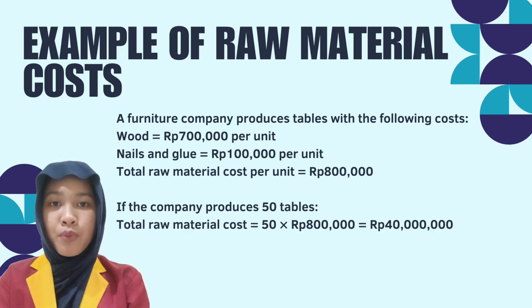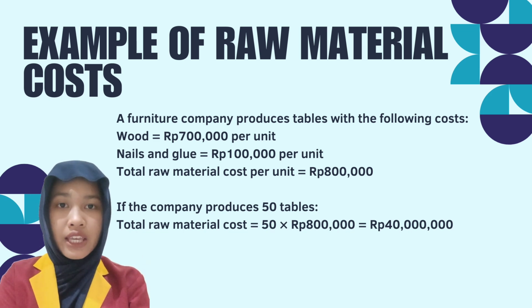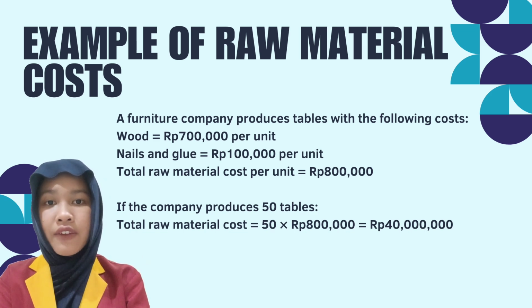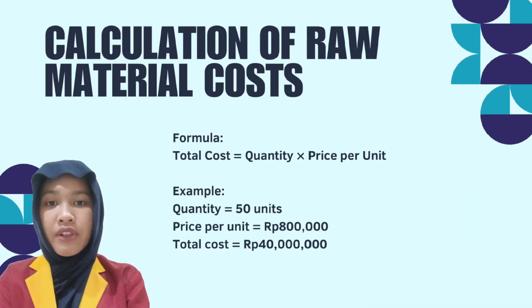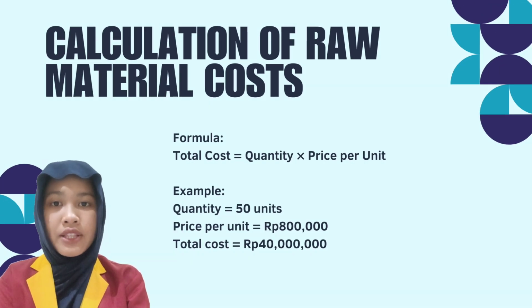If the company produces 50 tables, the total cost becomes 40 million rupiah. This example shows how raw material costs are calculated in real production activity and how they can significantly impact total expenses.